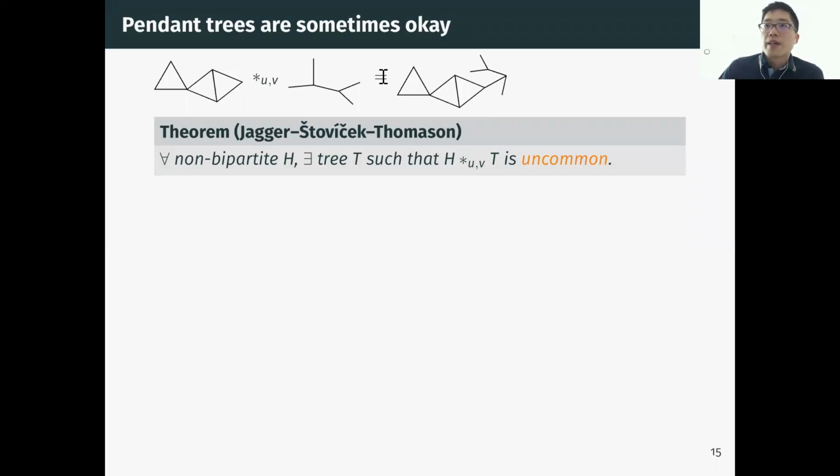Then what Jagger, Šťovíček, and Thomason proved is that given any non-bipartite H, there exists a tree T that breaks the commonality of the graph H, which means if I add this large enough pendant tree T to my graph H, then the graph becomes uncommon.